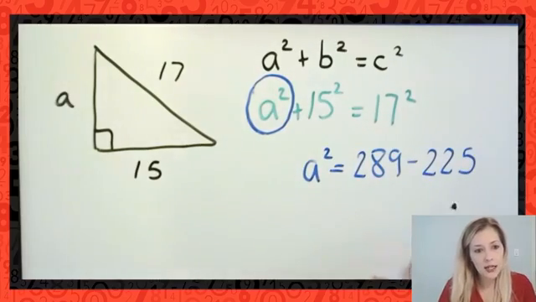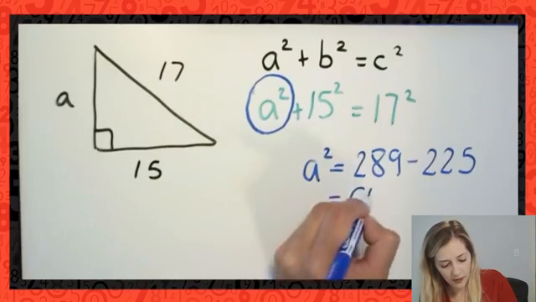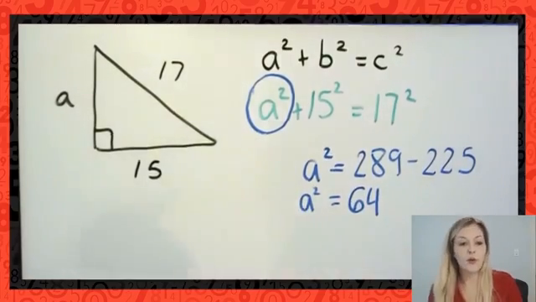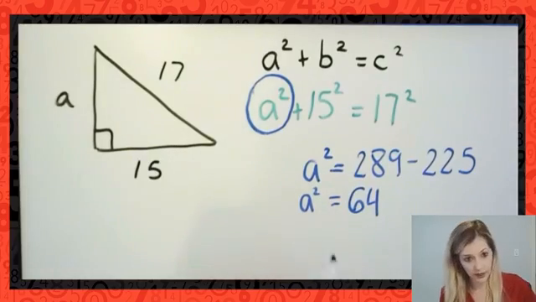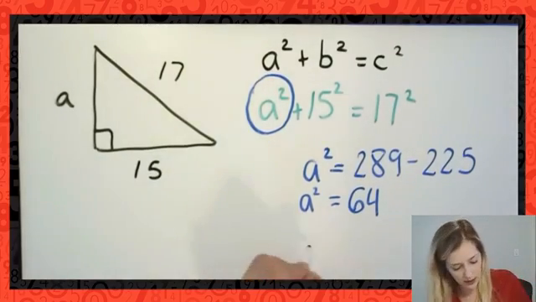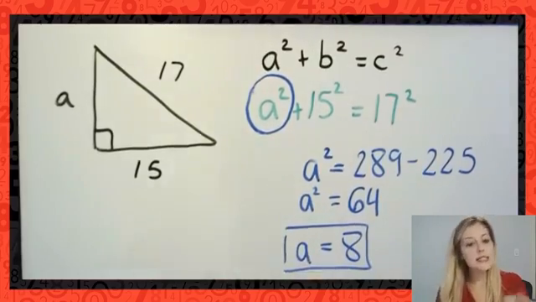And if I subtract these two, I get 64. And that's a beautiful one, because that's one that I have in my head already. I know that 8 squared, or 8 times 8, is actually equal to 64. So my other leg is equal to 8.